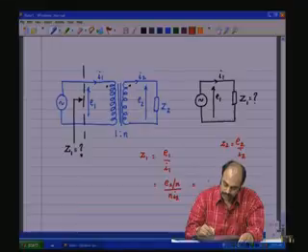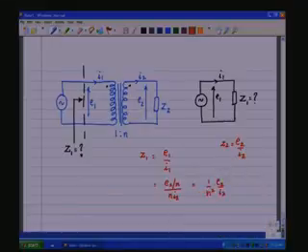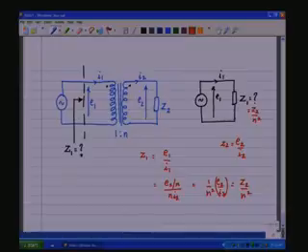So, which is 1 by N square times E2 by I2, which is Z2 by N square. So, what it means is that if I have Z2 here, it is equivalent to having a Z1 which is equal to Z2 by N square at this point on the primary side.